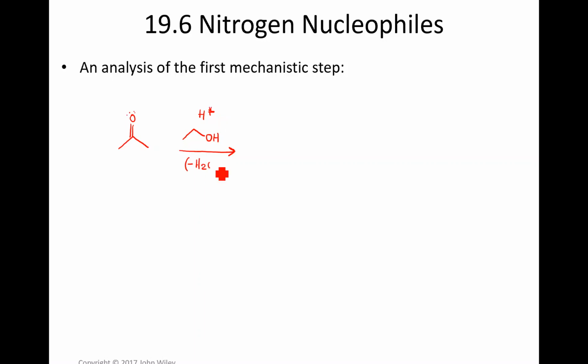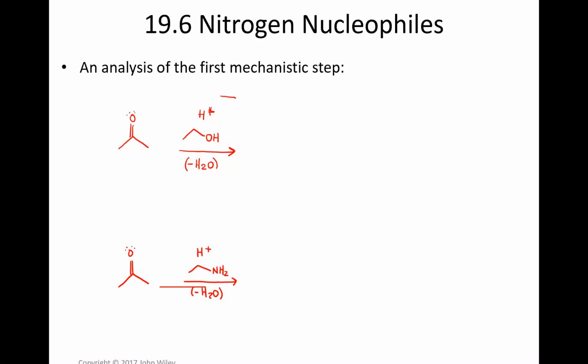So water was one of the products. So it's a very analogous situation. The only difference is the nucleophile, right? So same acidic conditions, and now instead of an alcohol, we would have a primary amine, and we would still lose water.